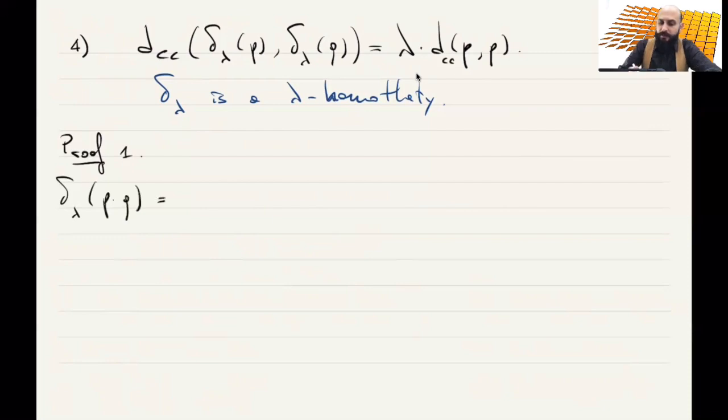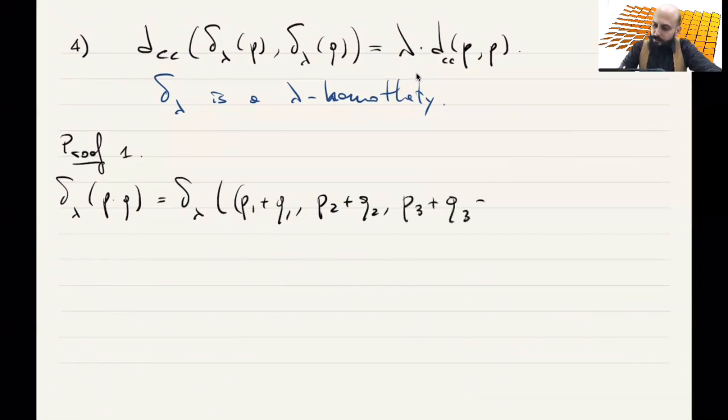Now let's remember the group law: you add the first variables, you add the second variables, and on the third variable you add the variables plus 1/2 (p1 q2 minus q1 p2).